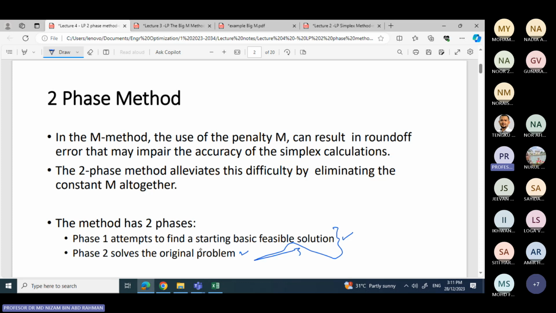In the two-phase method, there are two steps. The first step is to attempt to find the starting basic feasible solution. And the second one is to solve the original problem. We're going to go through those two phases using the same example that we did when we discussed the big M method.